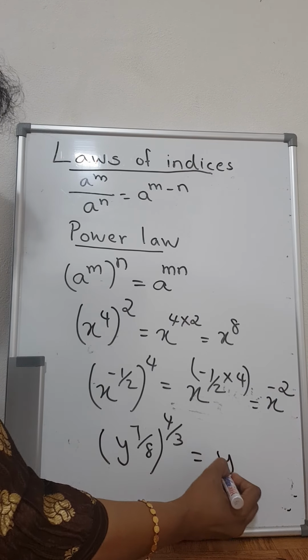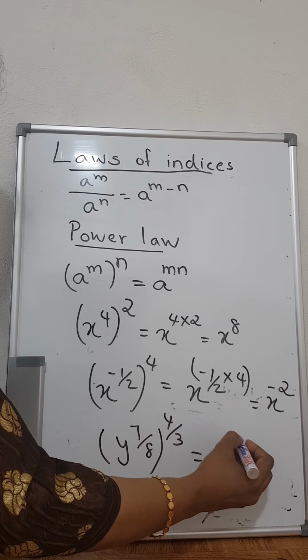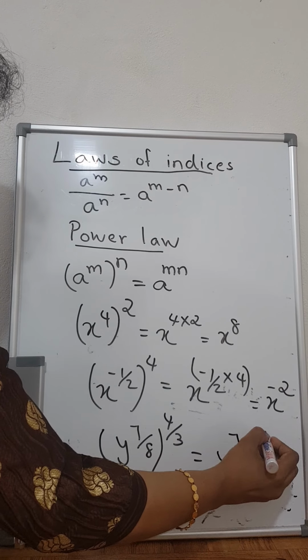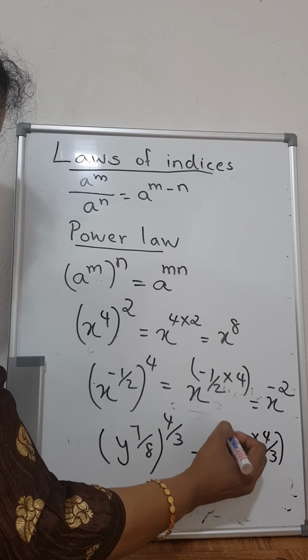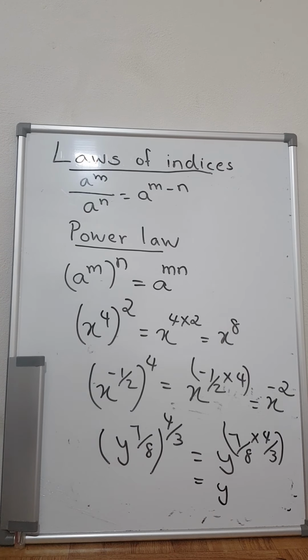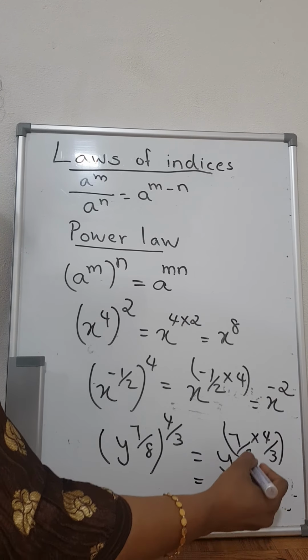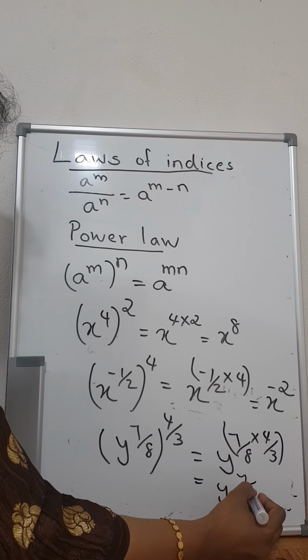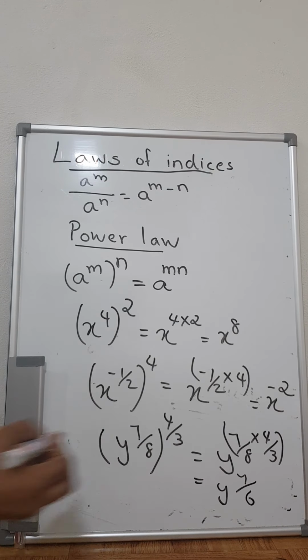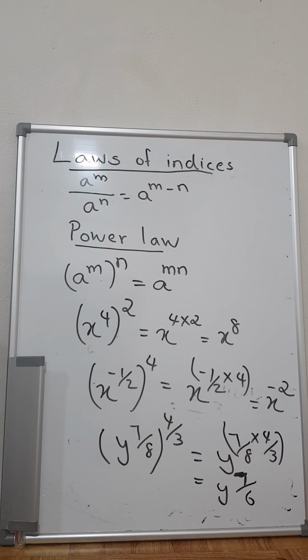Retain the base, that is y, then multiply the powers. 7/8 times 4/3. So y to the power 7/6. If you have any doubt with the calculations, you can just use your calculator.